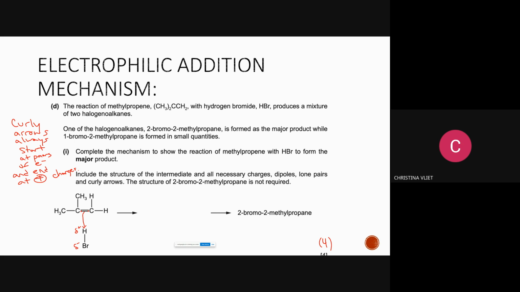So what else has to happen? This bond right here has to break, and those two electrons have to go to bromine. Your first mark here, mark 1, is for your dipoles on HBr and the curly arrows in step 1. Mark 2 is your intermediate.